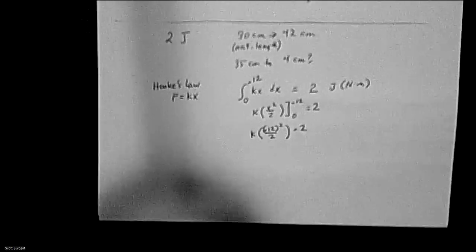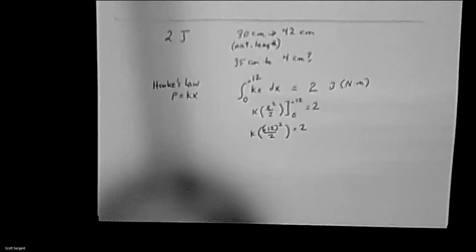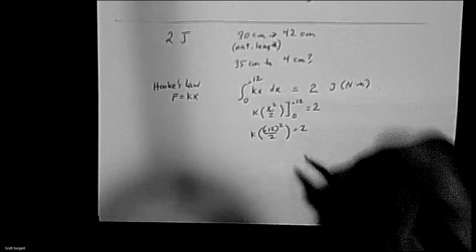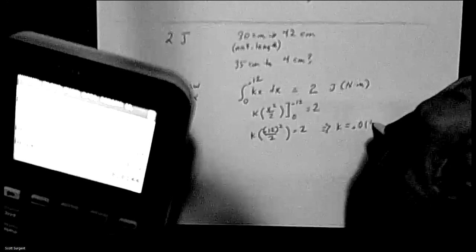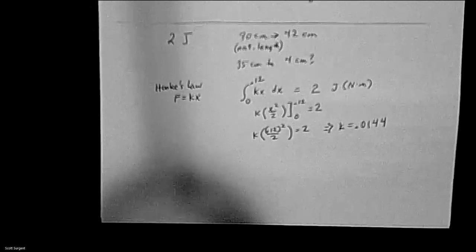So 0.12 squared divided by 2, and then multiply that over the times 2. So k is 0.0144. I think it's a unitless number.